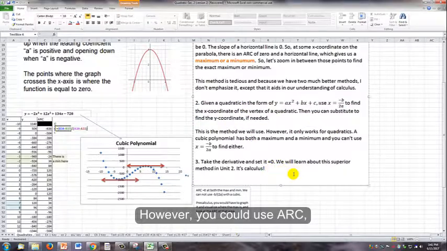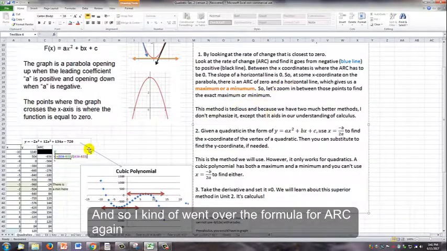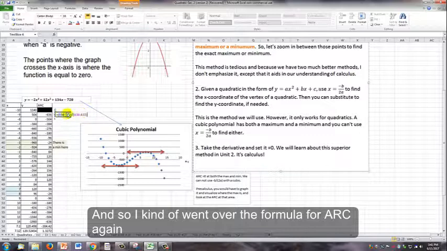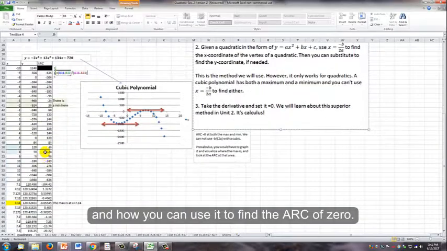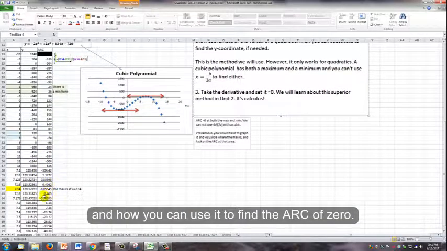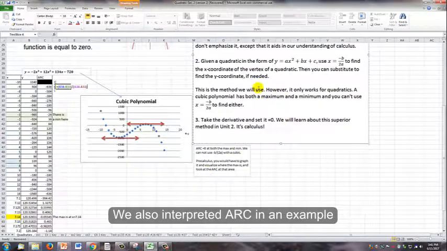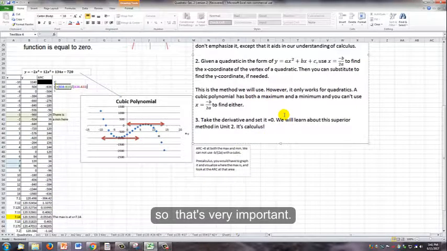However, you could use arc, and so I went over the formula for arc again and how you can use it to find where the arc is 0. We also interpreted arc in an example, so that's very important.